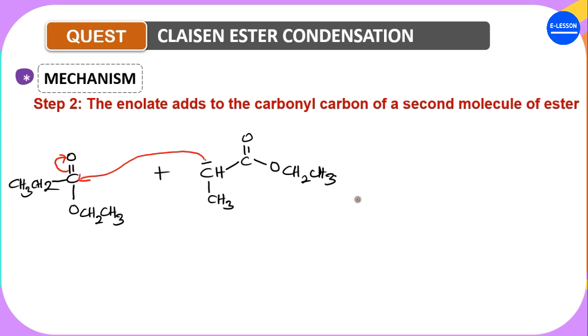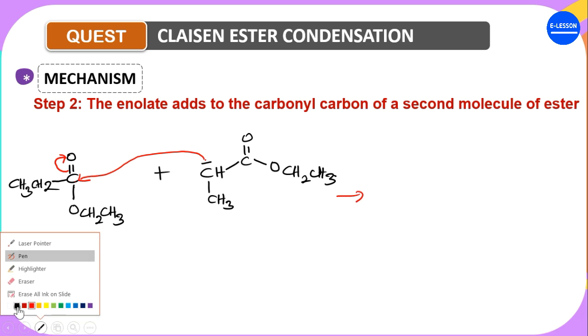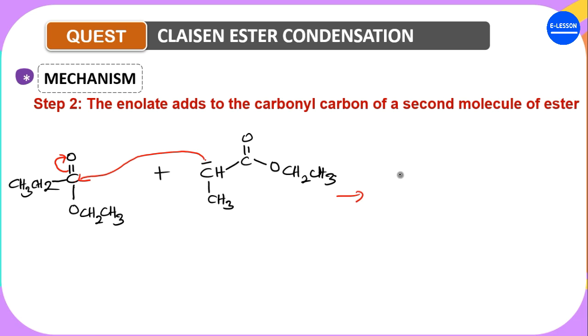Okay, so the product of this reaction now will be equal to, these are very, very easy, CH3, CH2, and then we'll have C. Now when that packs up, it becomes negative on top here, right? And then here it becomes O, then we have CH2, CH3.